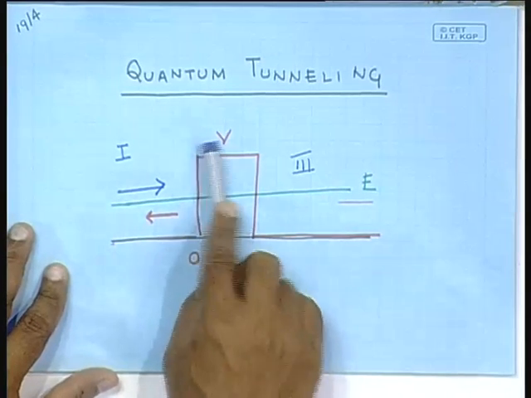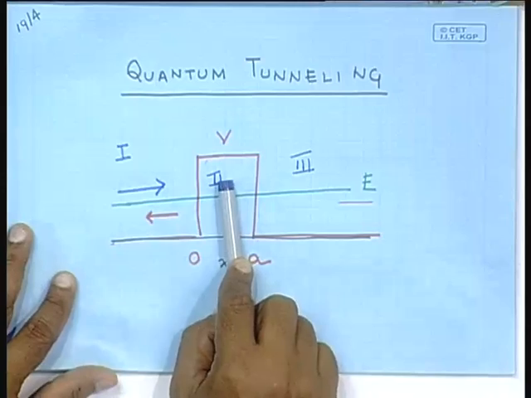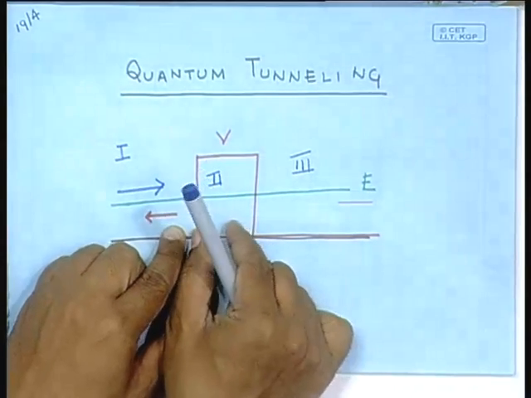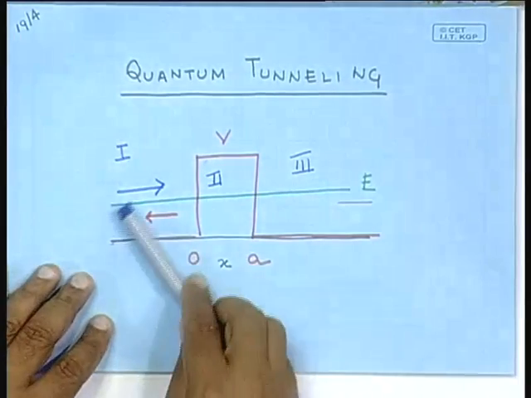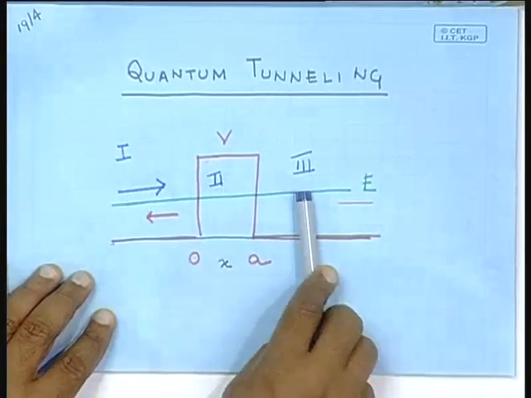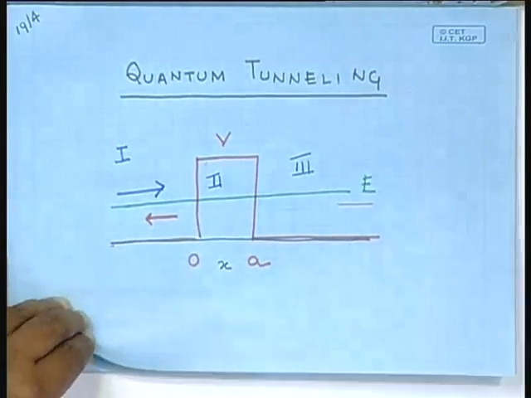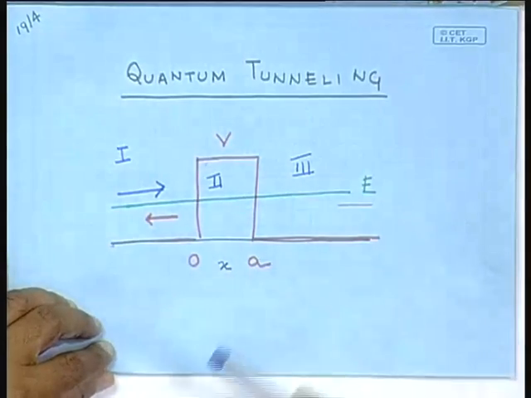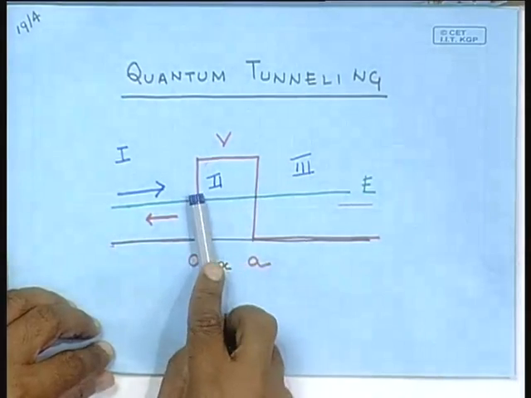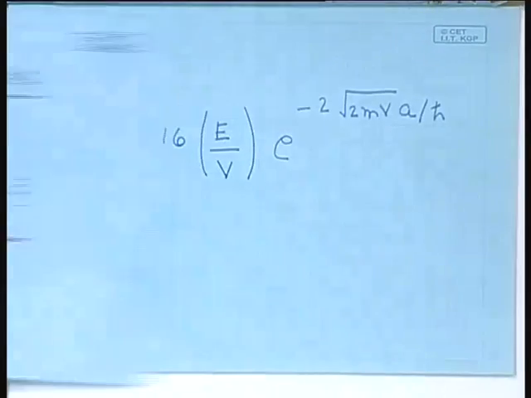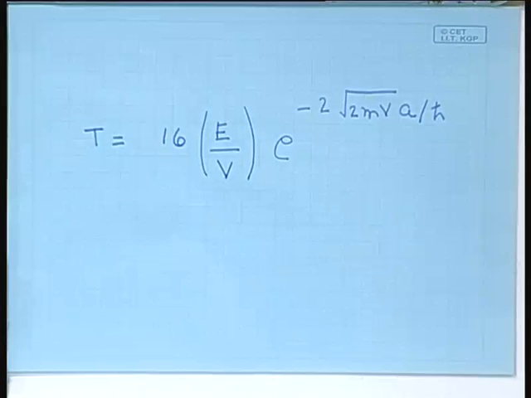The thinner the barrier, the larger is the probability of the particle tunneling through and getting onto the other side. So, if you make the potential higher, the tunneling probability falls. If you make the barrier wider, again the tunneling probability falls, and tunneling is going to be particularly important if the barrier is quite thin.